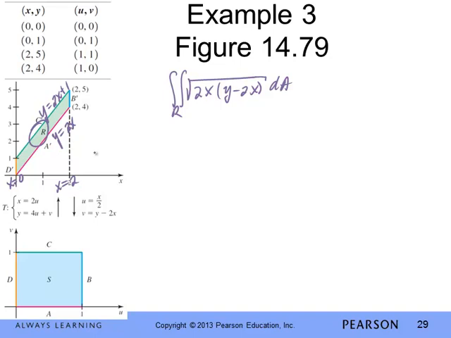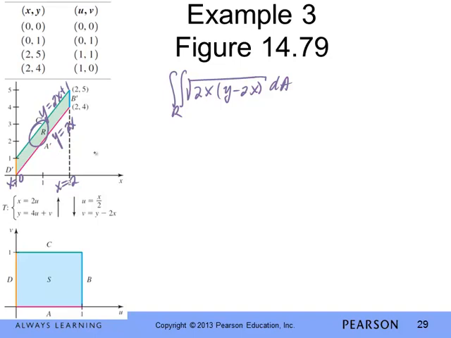The problem is with the integrand. I mean, yuck. How do you deal with that? Well, you can make this a lot more simple. So you could let u be equal to 2x and let v be equal to y minus 2x. And that would make it a lot more simple.